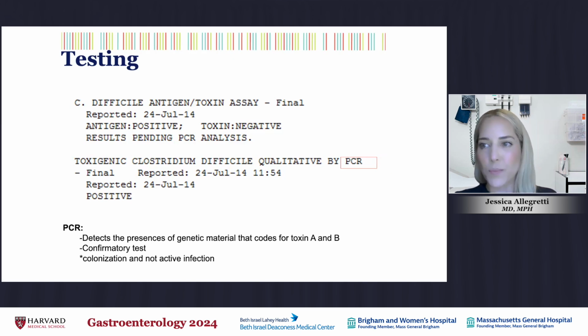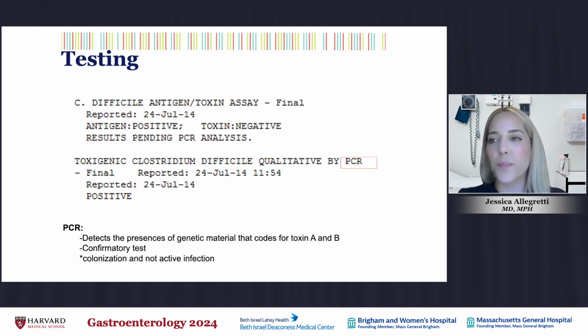Now, why is this important? So often the test is not called PCR. What you'll see is toxin DNA testing, although you may see those big PCR panels as well. And so what information does this test tell you? It tells you about the presence of genetic material that codes for toxin.